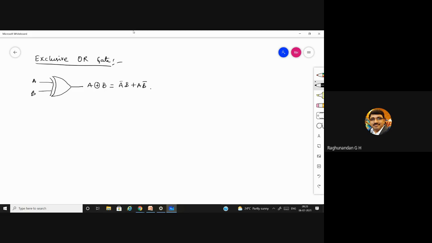So XOR is a combination of, from this equation we can tell A bar into B means obviously we need to use one AND gate. There is a bar complement operation, that means we need to use one NOT gate. There is plus, that means you need to use OR gate. So exclusive OR is a combination of AND gate, NOT gate and OR gate.